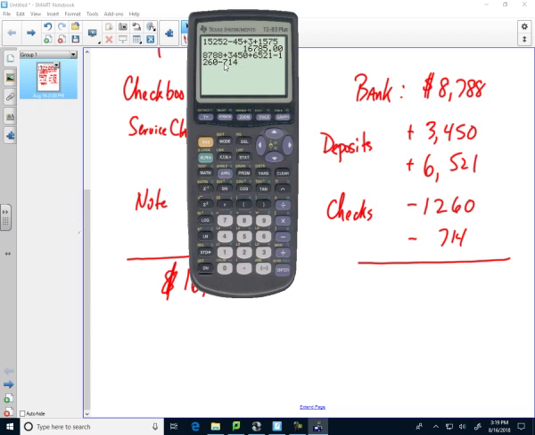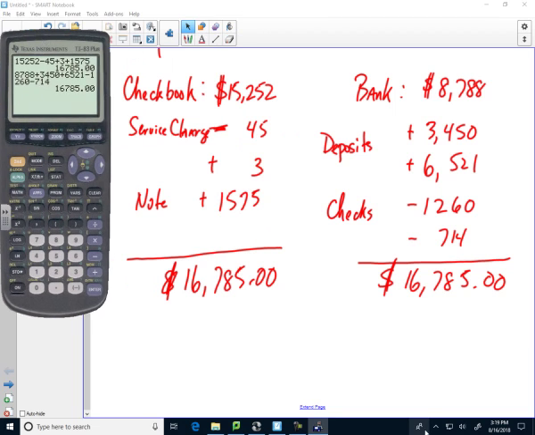All right, I can check my numbers because I can see them. And guess what? $16,785 on this side too. That's what we do. Yay.